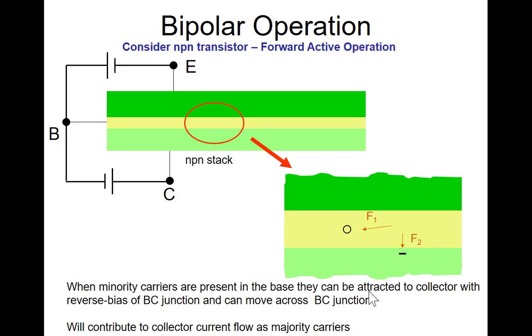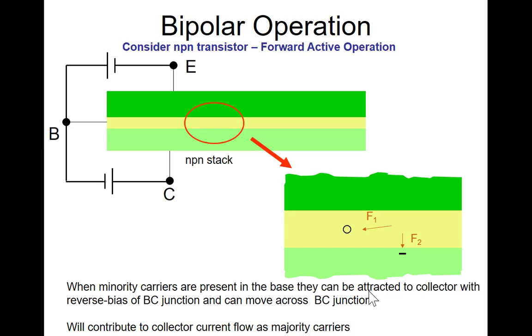So, while the minority carriers are present in the base region, they can be attracted to the collector with this reverse bias base collector junction. And then they'll contribute to collector current. I wonder what we can do in a device. Do we want that to happen? Do we want the minority carriers that appear in the base region to exit through the base?